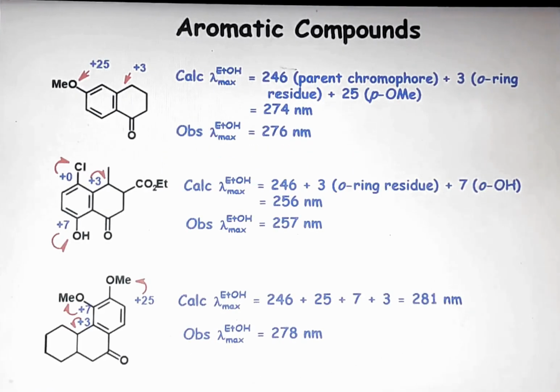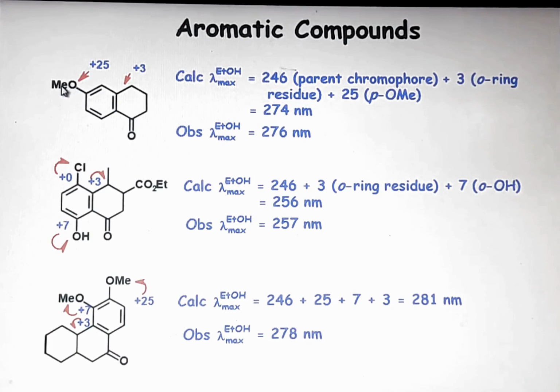Now we will learn the calculation of lambda max for aromatic compounds or arone systems. I will start with the first example. First we have to identify the arone system. Our arone system is starting from here. With respect to this ring, this is ortho position, this is ortho position. On one ortho position we have one ring residue. On meta position we don't have anything. On para position we have one methoxy group.